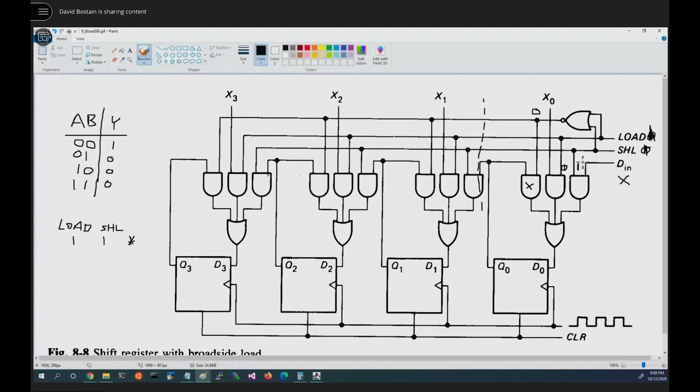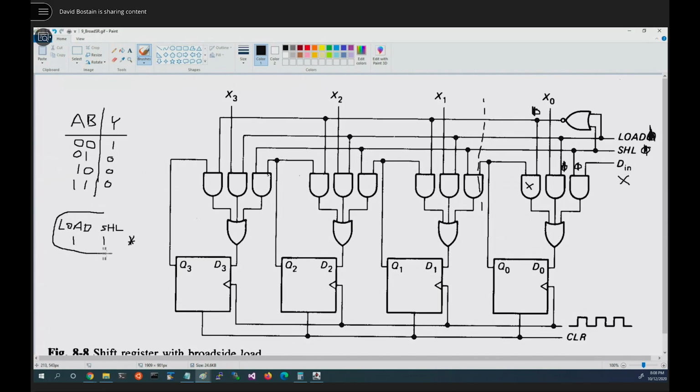So X passes through as it should. The only case we didn't test was if they're both 0s. That's the only case where this top line becomes a 1, meaning we're not shifting and we're not loading, which means these guys can't pass D through or X through, and Q gets recycled. So it works exactly as we'd want it to.